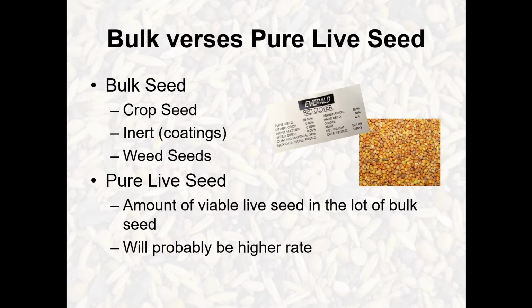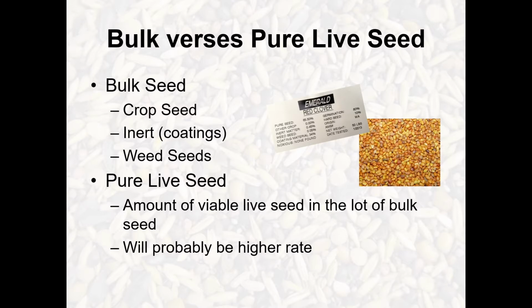When you buy a bag of seed, you really don't know what you're getting unless you have a seed tag. All seed must be tested and or labeled according to seed labeling requirements of the Indiana seed law. This means that basically you have to have a seed tag and use tested seed.